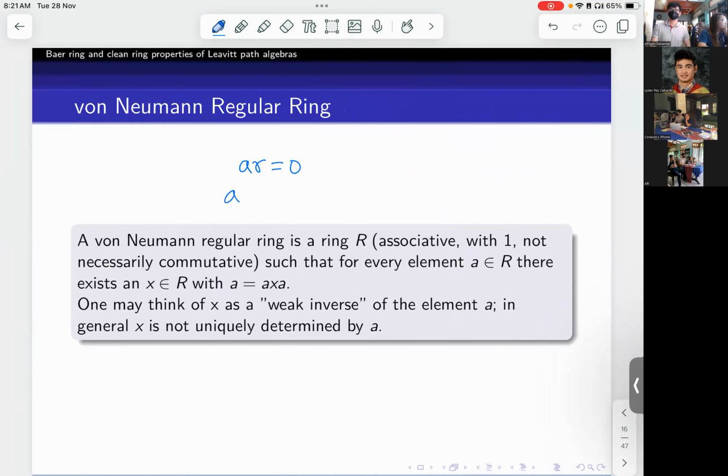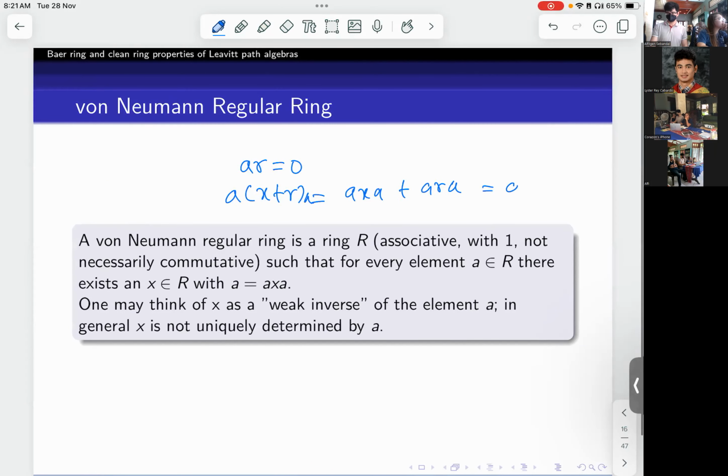In that case, A(X plus R) would be AXA plus ARA, but AR or RA was 0, so you would again get AXA. Inverses are unique, but the von Neumann inverse, the weak inverse, need not be unique. It is not uniquely determined.